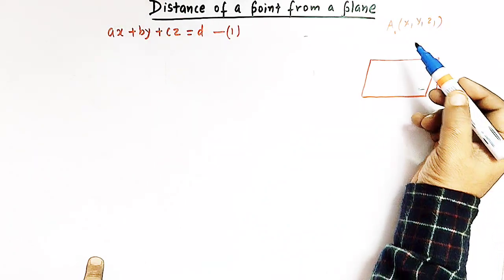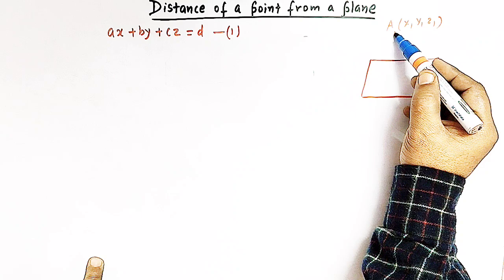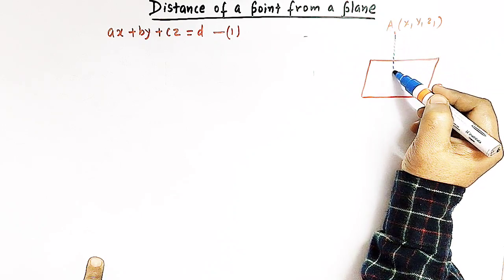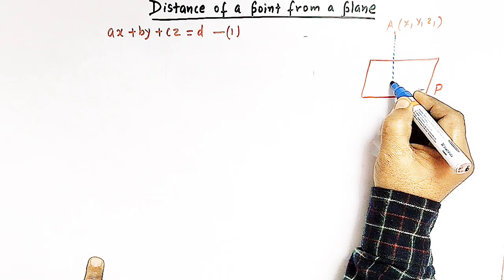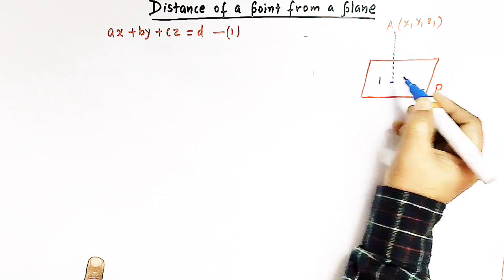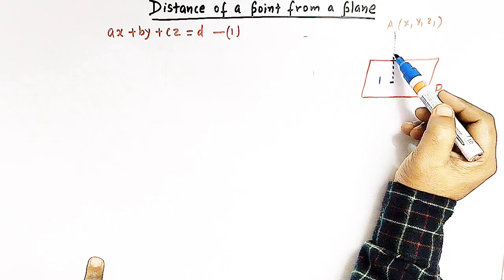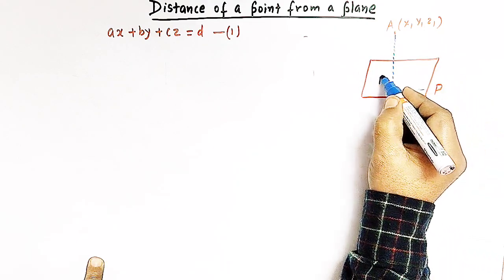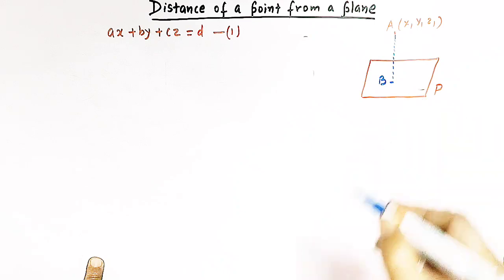So now let us drop a perpendicular from this point A to the plane, right? And let us take the point that is the intersection of this perpendicular and this plane P as B, and B is the foot of the perpendicular, right?